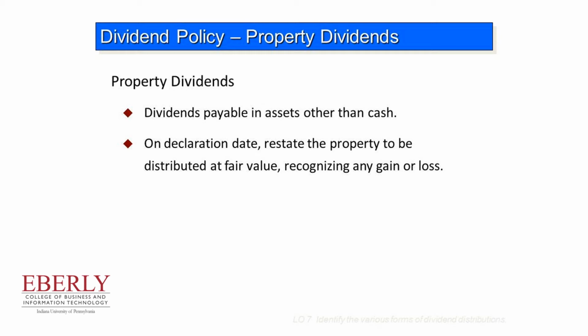So if the property that, let's say, my company wishes to give out as dividend cost me $50,000 10 years back, and I'm planning on giving it out as dividends now, and today, the date of declaration, that property is worth $1 million, then what I do is, as soon as I have declared the dividends, I will mark up my property to $1 million.